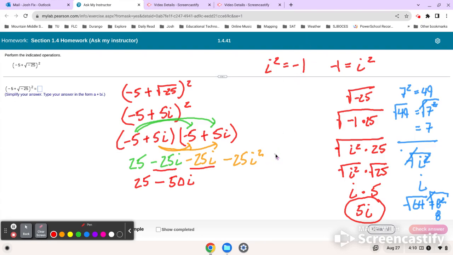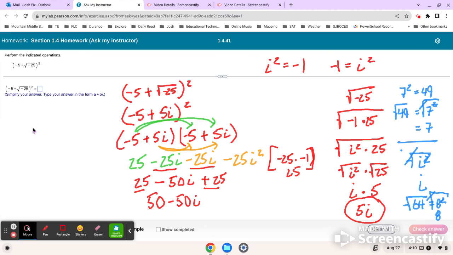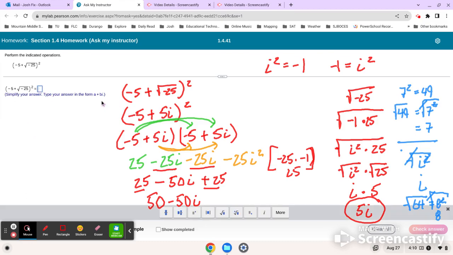As a side note, this becomes -25 times -1, which comes out to be 25. So we say plus 25. To finish it off, we combine like terms. We have a 25 here and a 25 there, so we get 50, take away 50i, and that should be our solution. We come back to our answer blank. We've got it in the a plus bi format, so we got 50 minus 50i.